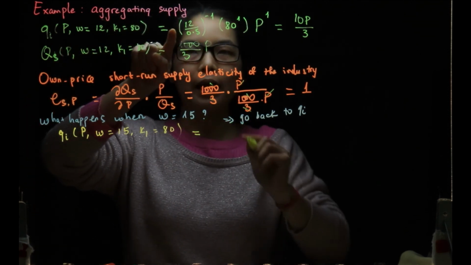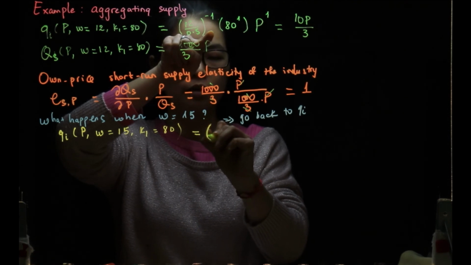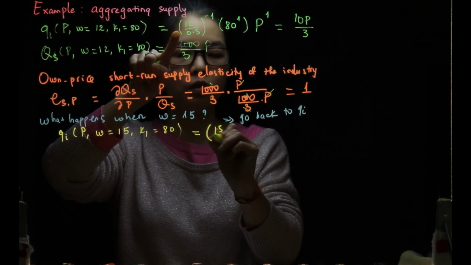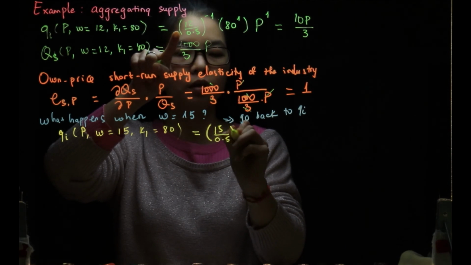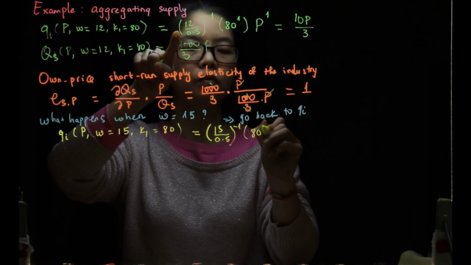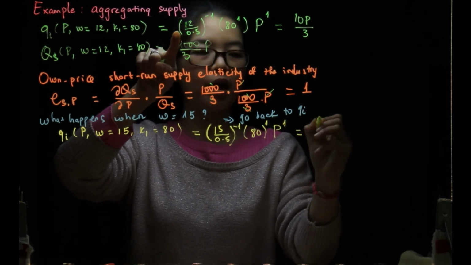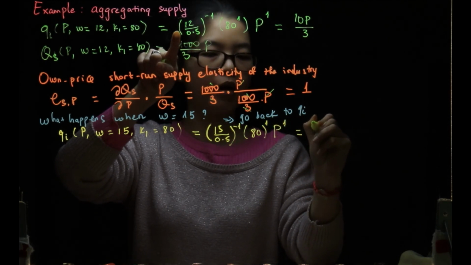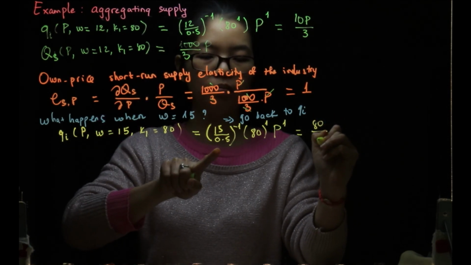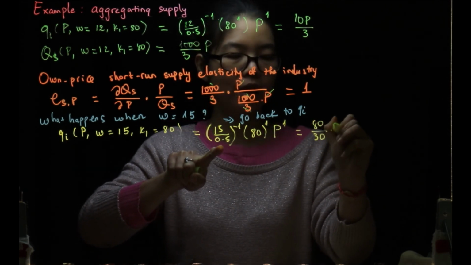That's the reason why I wrote it down this way here. So that's easier for us to process this step. Now, instead of 12, we have 15 over 0.5 to the power of minus 1 times 80 to the power of 1 and P to the power of 1. And that means at the end we have 80 over 15 divided by 0.5, that is 40, right, times P.